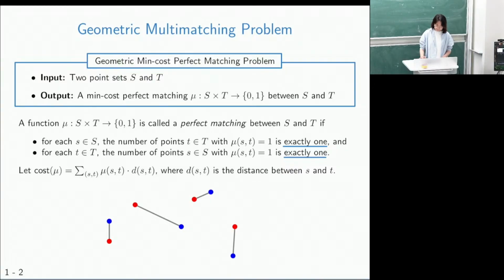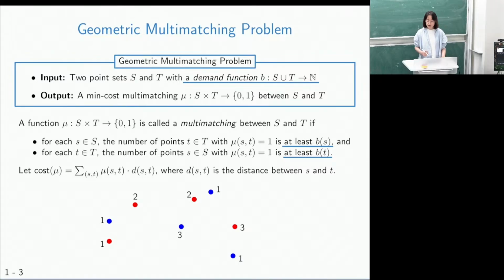And in our problem, we introduce a demand function. That is, we are given 2 point sets in a metric space, and each point has a degree demand. Then our goal is to compute a minimum cost multi-matching between S and T. The only difference is that in a multi-matching, we have degree lower bounds.